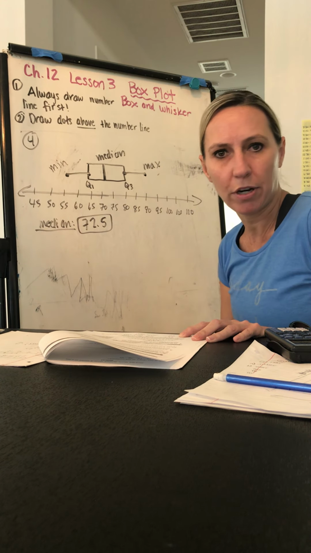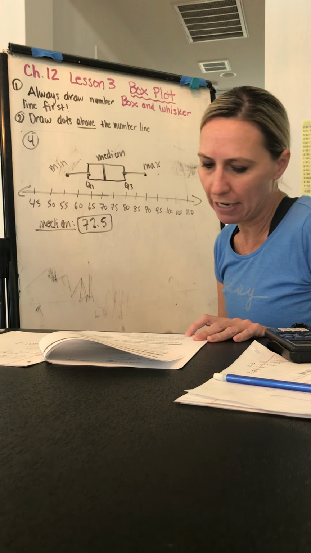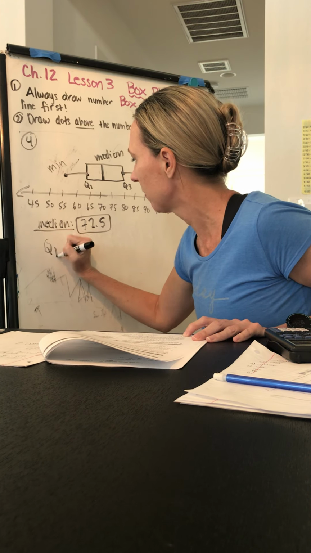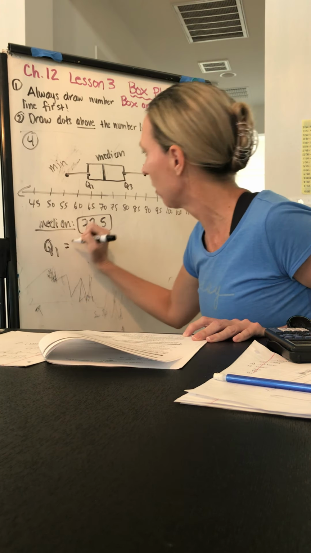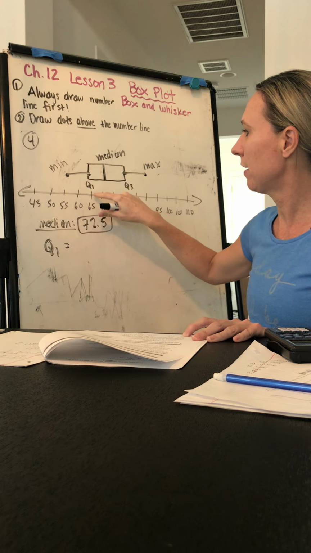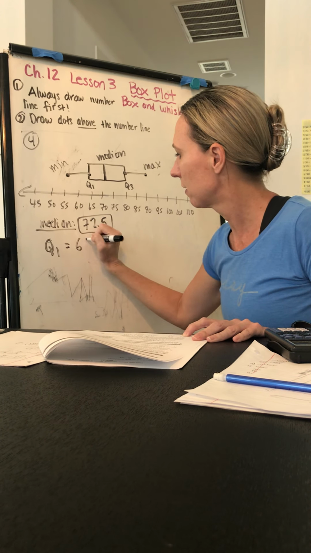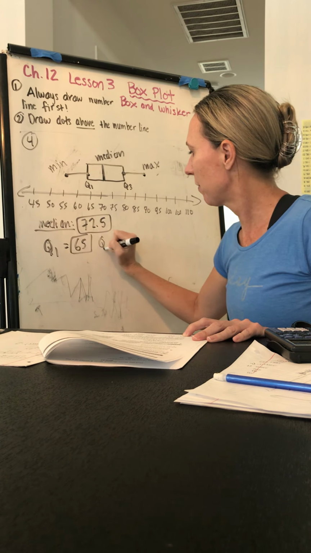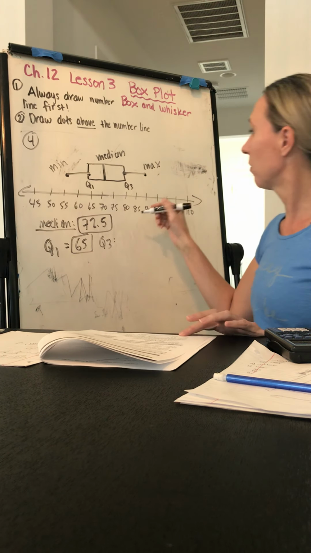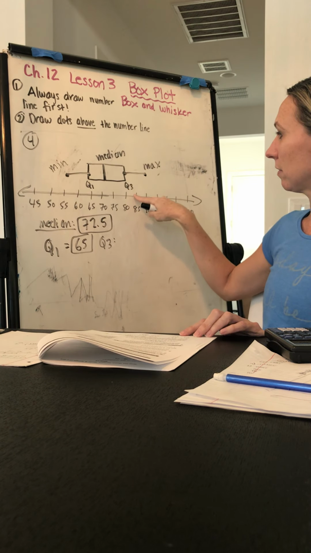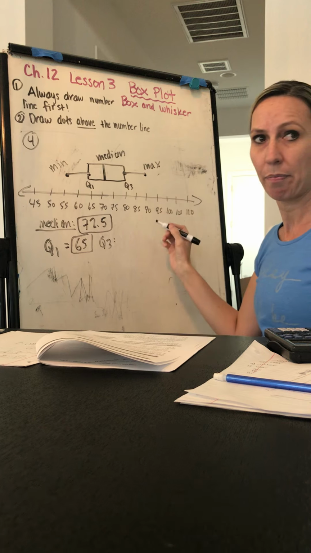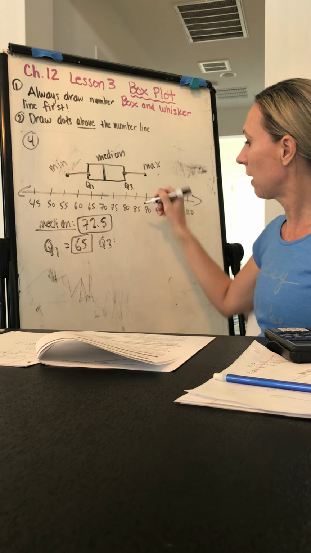Just somewhere close to that is good. The next one is quartile 1. So I just look for this line right here. It looks like it's right at 65. I'm going to find quartile 3. Where does it look like, Bentley? Around the 80. Yeah, 80.